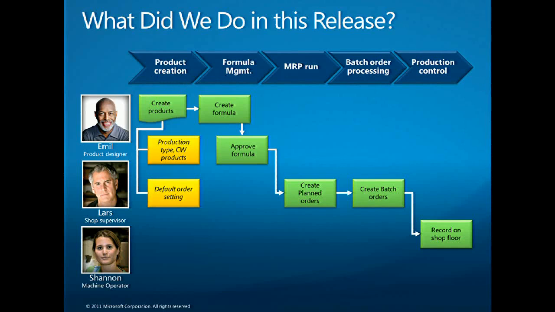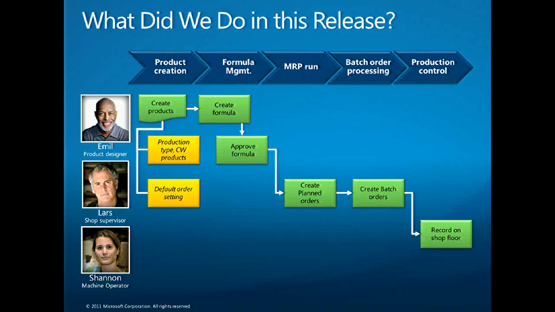Then catch weight products: since we have the concept of products using process manufacturing, you can create a product and call it a catch weight product globally. A product has to be declared globally as catch weight, because we don't anticipate customers having scenarios where a product is catch weight in one company and non-catch weight in another. So you have to globally declare that, and then you can release it.